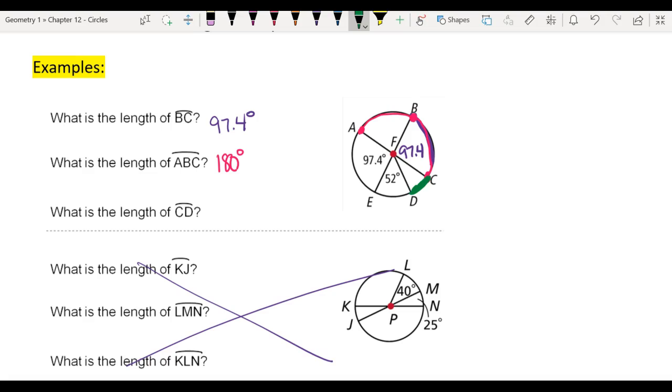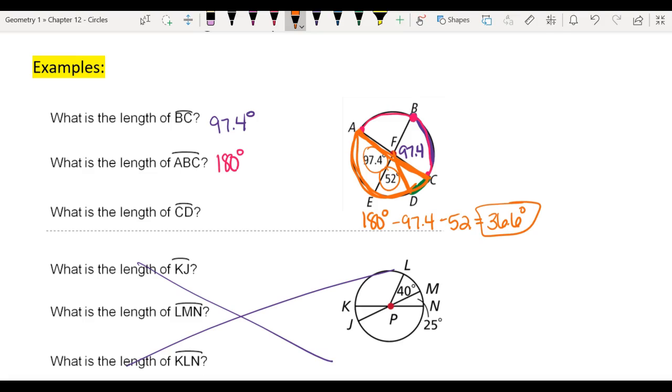And so the concept you need to use is, find a different, let's use orange, how many degrees would be from A to C here? 180. And then you need to get rid of these two, right? So you do 180 minus 97.4 minus 52. And so I think that's 36.6 degrees is left for that little piece.